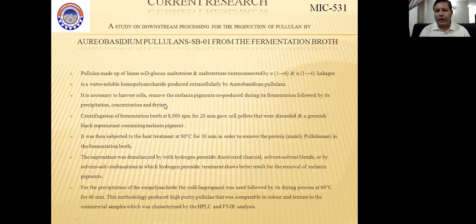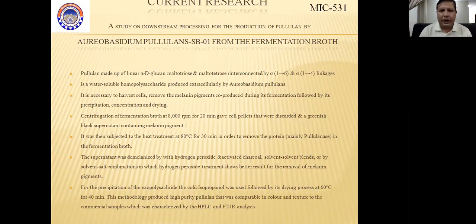For this product, we have to apply this type of technique.